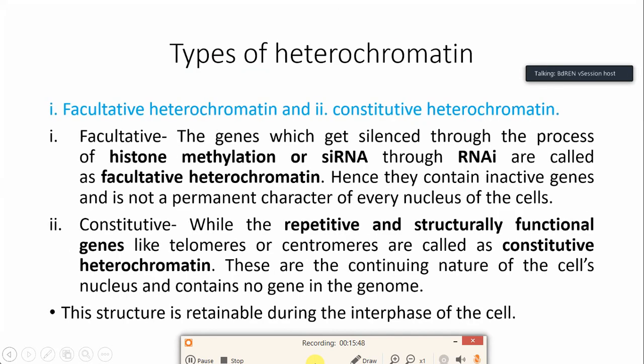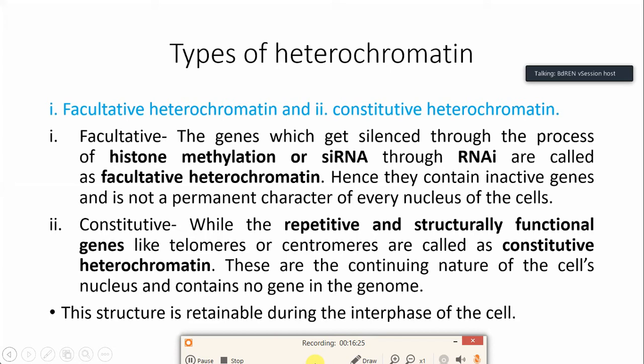Let us study the types of heterochromatin. There are two types of heterochromatin. One is facultative, and another one is constitutive. The first one is facultative. The genes which get silenced through the process of histone methylation and small interfering RNA through RNAi are called facultative heterochromatin.